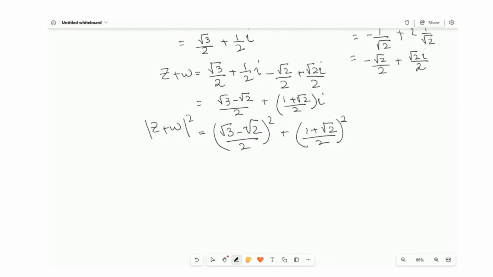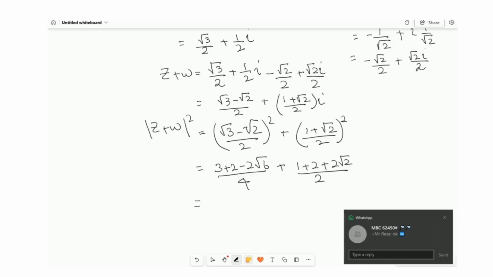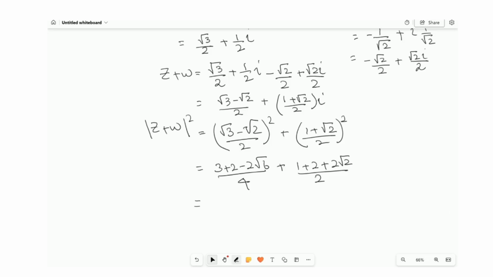When I simplify that, the first is 3 plus 2 minus 2 root 6 divided by 4, plus 1 plus 2 plus 2 square root of 2 divided by 4, this is 4.